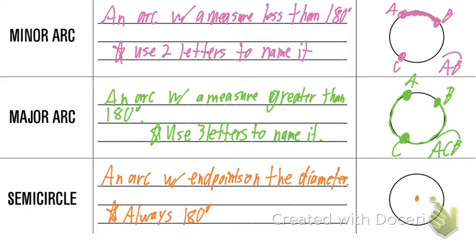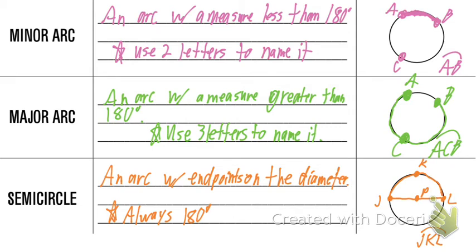So here, if we have the center P, we need to know where the center is so we know this is a diameter. Because if you don't know it's a diameter, you don't know it's going to be a semicircle. For a semicircle, you'll also use 3 points. Anything other than a minor arc uses 3 points. Minor arc, you use 2. But as soon as you get to 180 or bigger, you'll use 3.